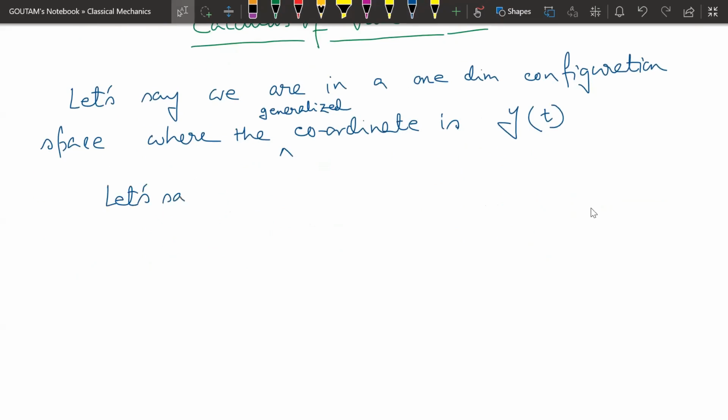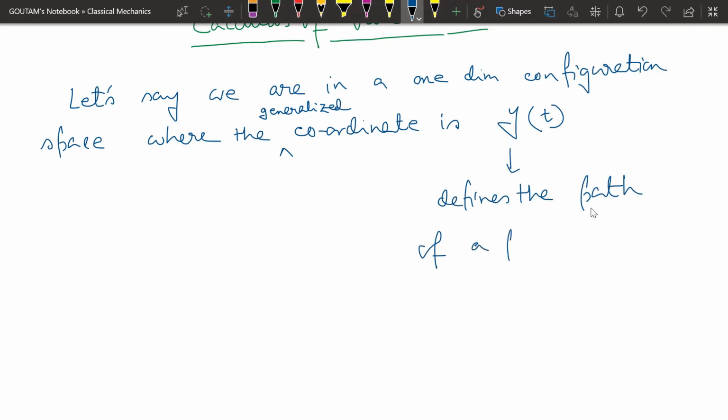So this y defines the path of a particle or a system along the space.